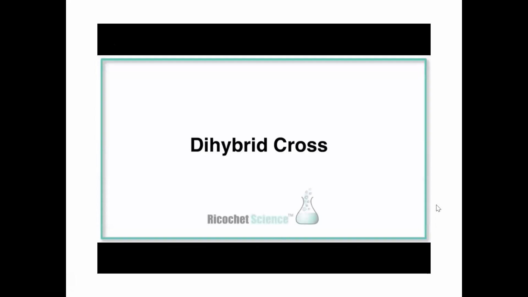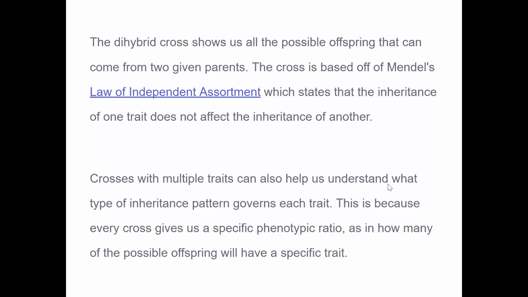On this next slide, we're going to look at how we actually complete dihybrid crosses. The dihybrid cross shows us all the possible offspring that can come from two given parents. The cross is based off Mendel's law of independent assortment, which states that the inheritance of one trait does not affect the inheritance of another, because we're looking at two genes here.